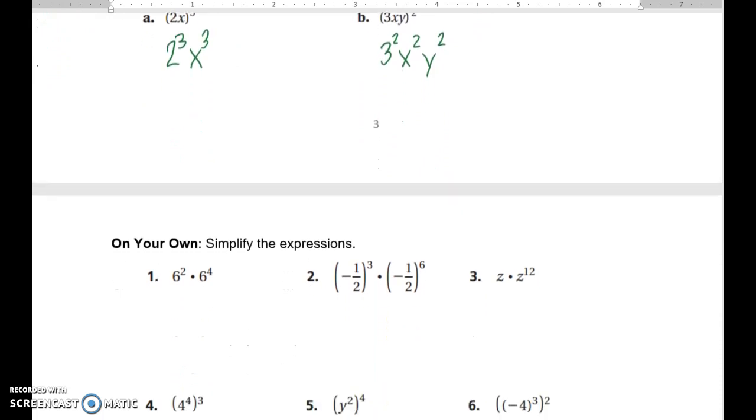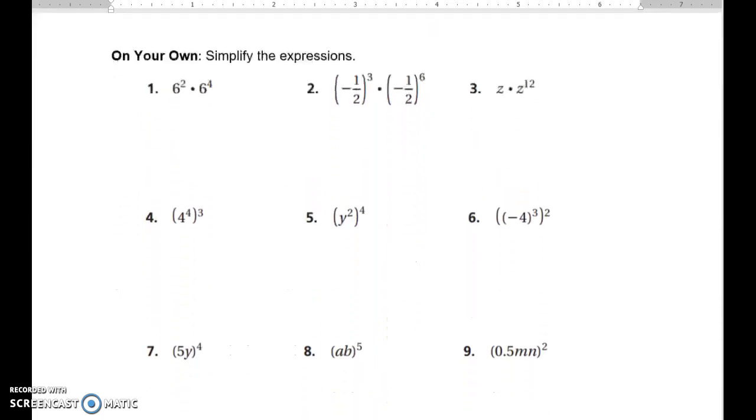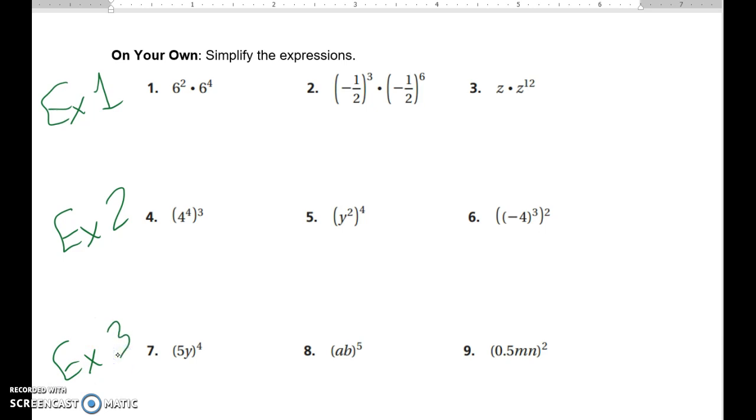All right, go ahead and flip it. These are on your own. Let's see, do you need any hints here? I can tell you that these are like example 1 on the front of your notes on the last page. This is like example 2. And these are like example 3. Let's see, what else might you need in here? Don't forget your parentheses on this one.